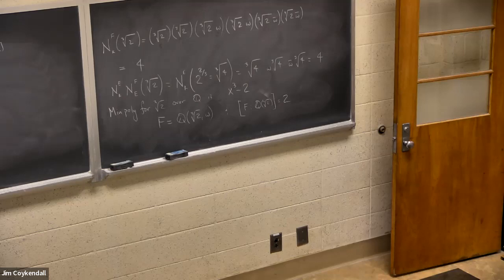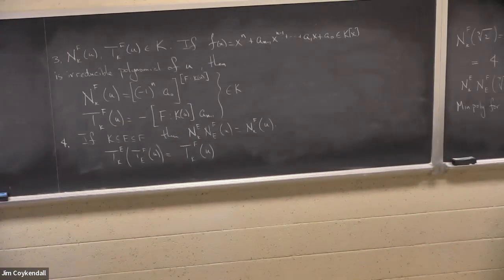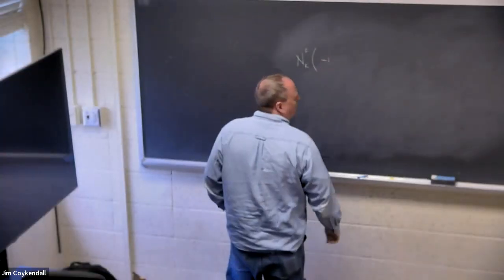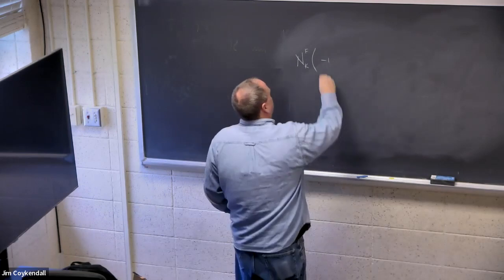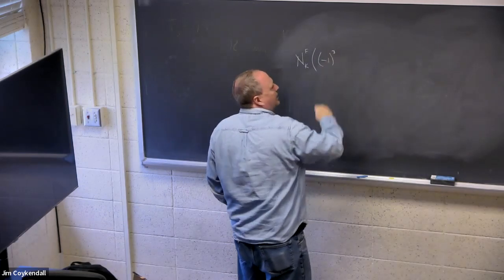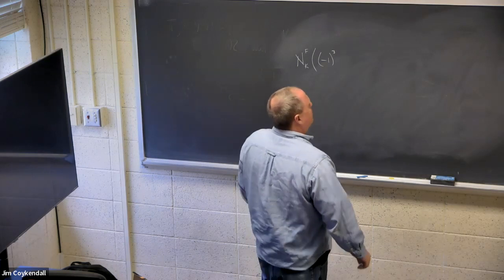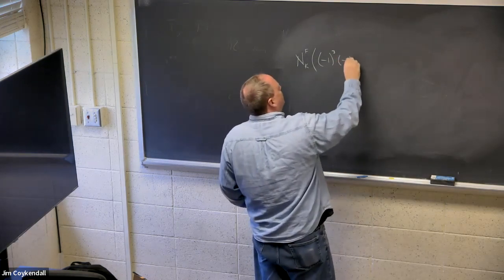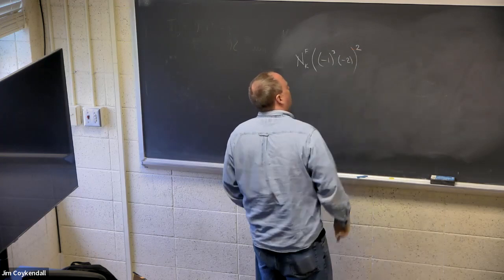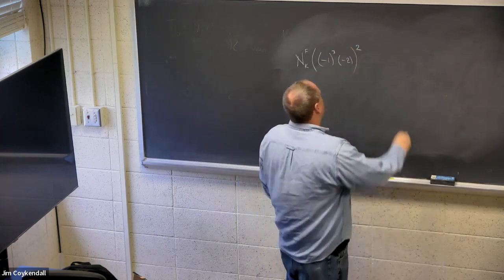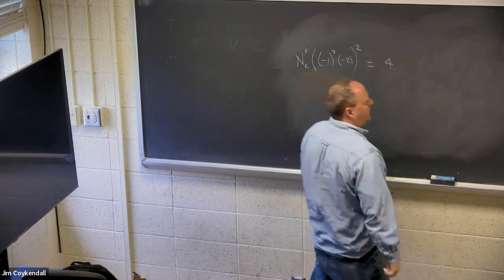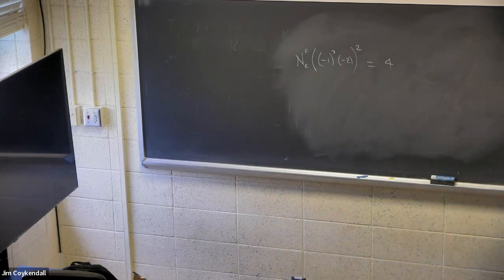So what the norm from that perspective is, is (-1)^3 times (-2), all squared. Any questions on that?